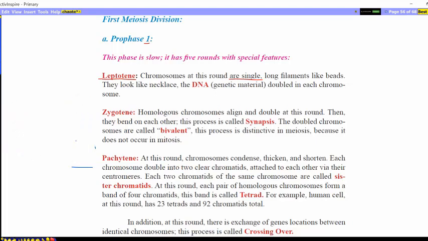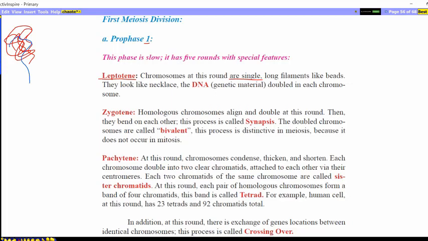And they are long filaments, like threads, looking like a necklace. We know in the nucleus, before cell division, the genetic material is in the form of long filaments.